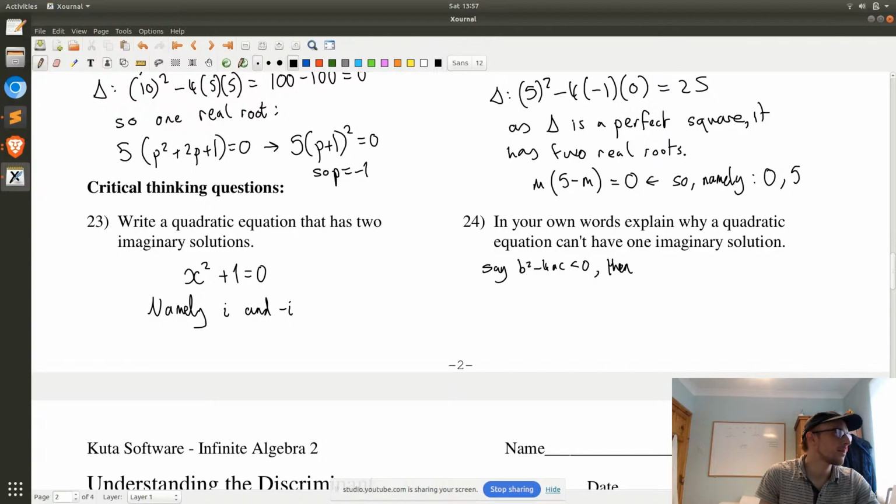Like, what do you mean imaginary solution? Do you mean complex number? Yeah, and the other one is like a real. Well, I'll show you how that can't be possible.